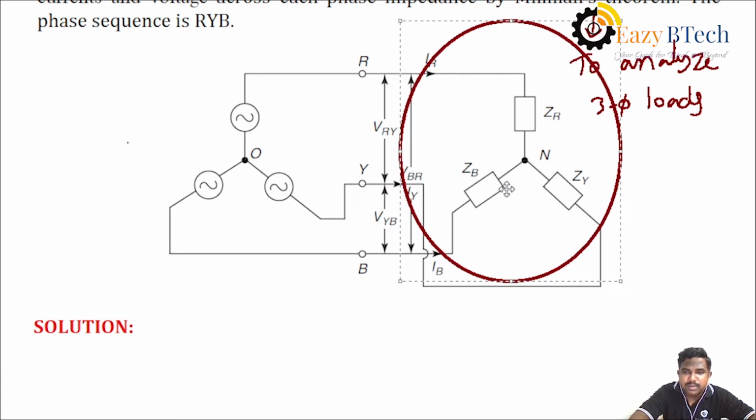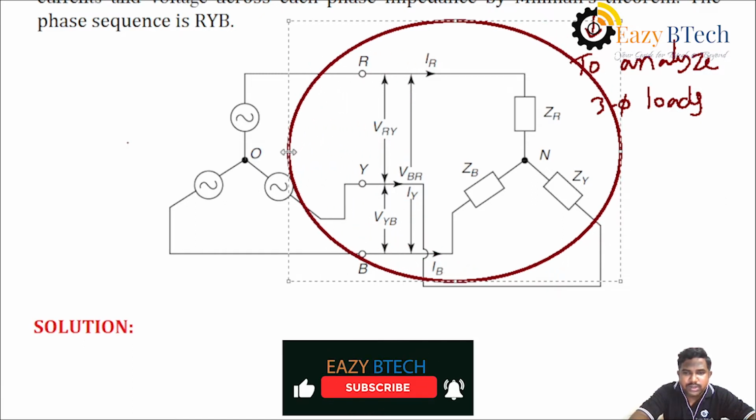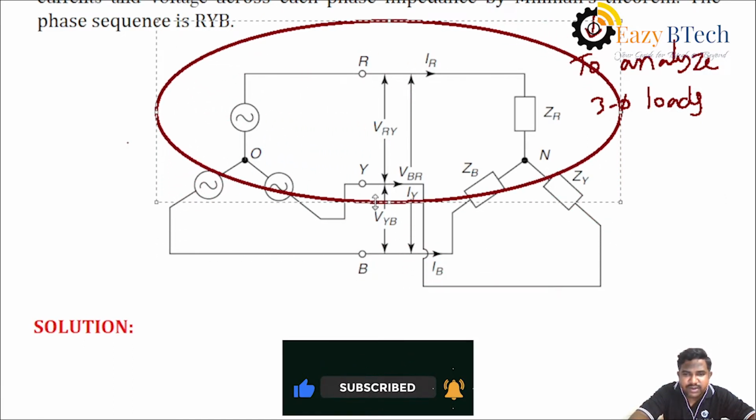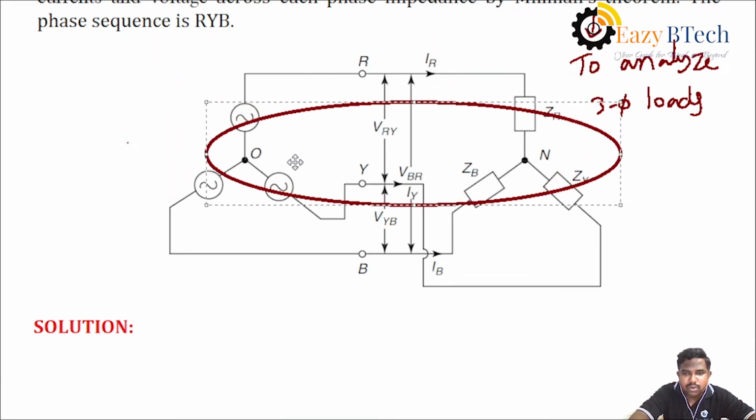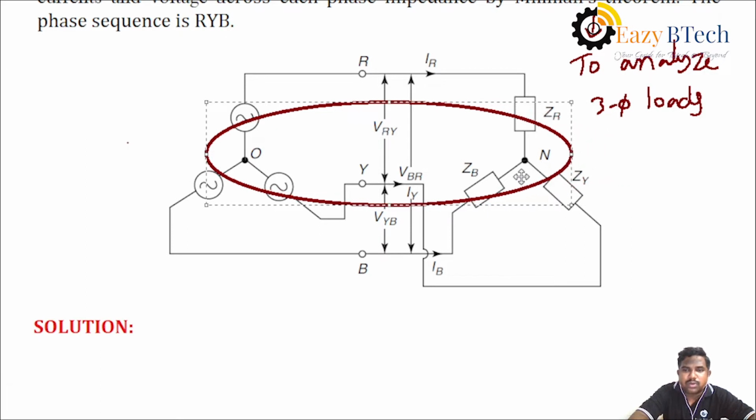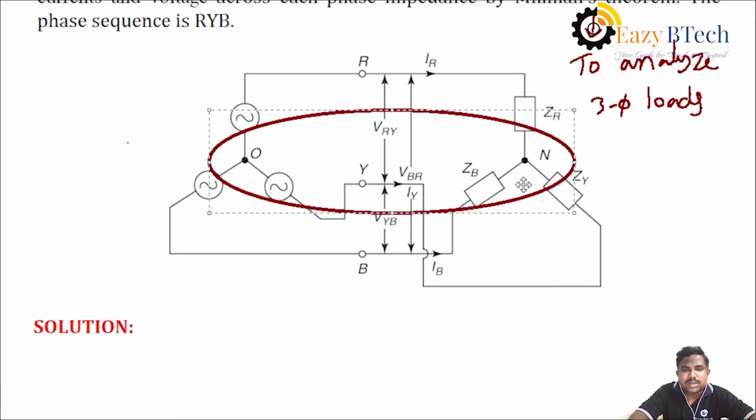Then, by applying Millman's theorem, the first step is to find the voltage between the node points, the star connected O and the star connected N. We consider the neutral point of the supply star as O, and the neutral point of the load connection as N. Between N and O, we have to find the voltage by using Millman's theorem. After that, we have to find the line currents or phase currents and also the powers.